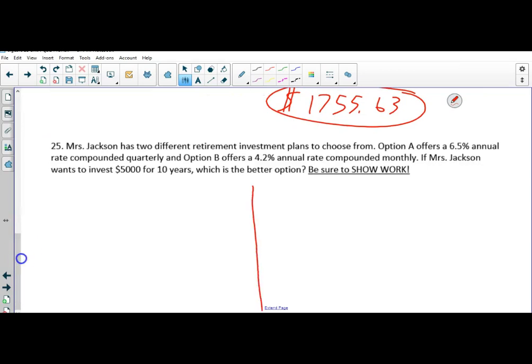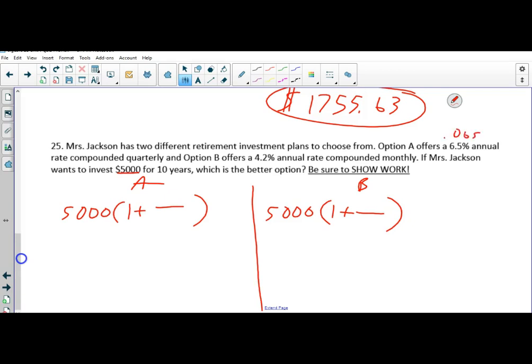Okay. This is a plan A, plan B problem. So option A is, first off, we know she has $5,000 to invest. This is going to be 1 plus, 1 plus. Now, option A is 0.065.